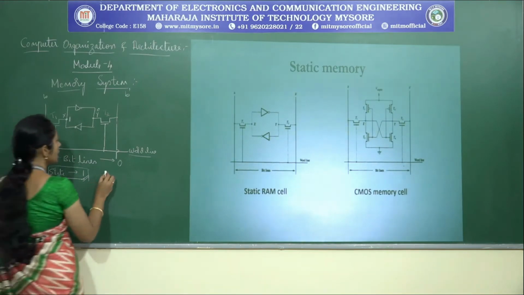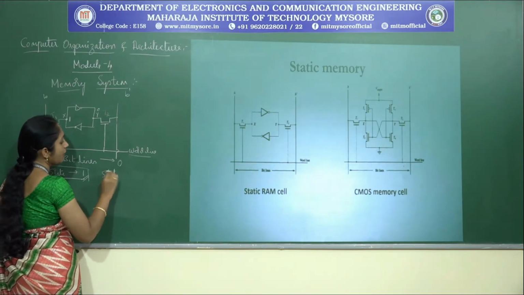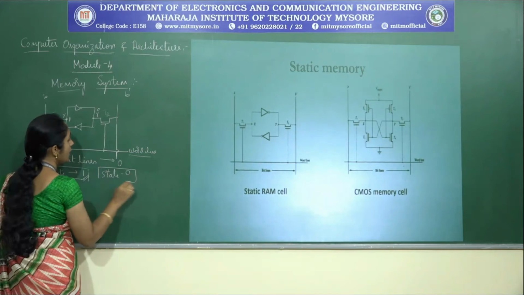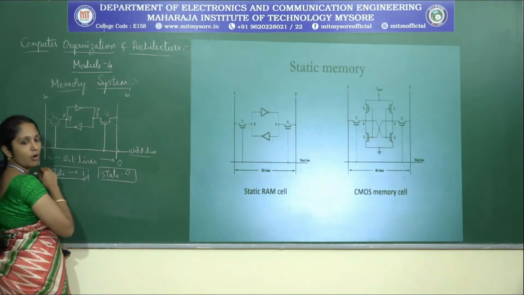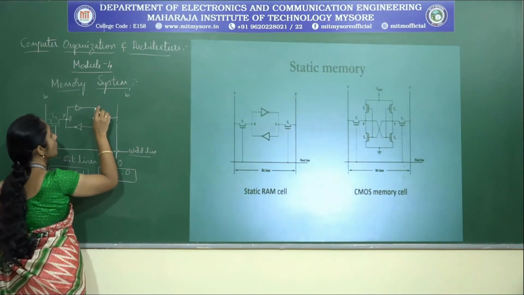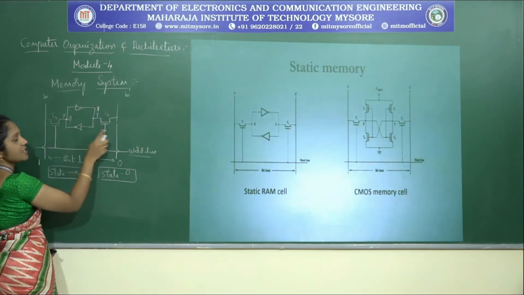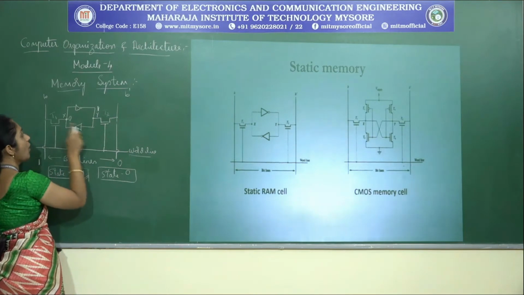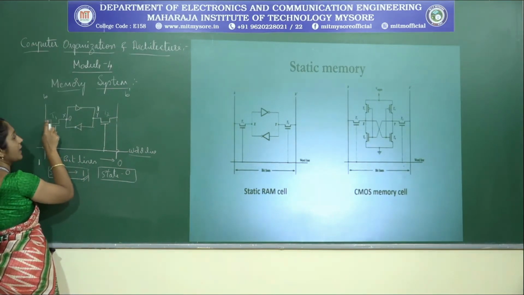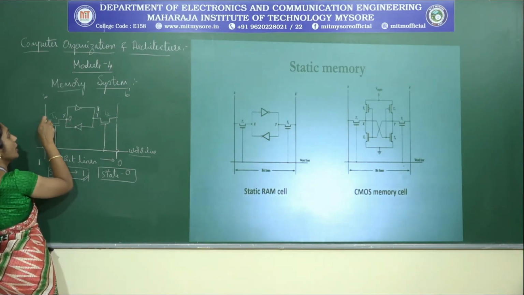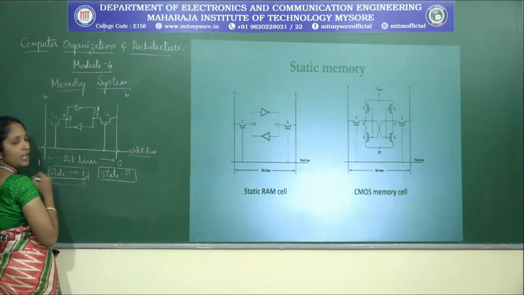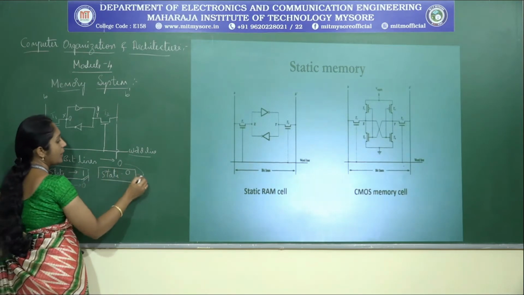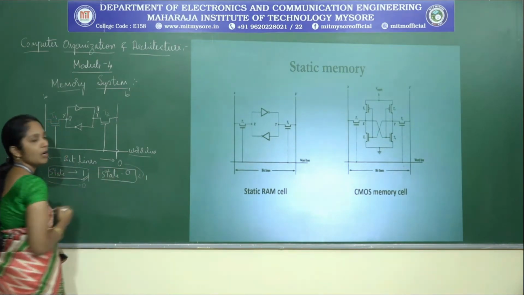Similarly, if you consider the state is 0, remember, this node will be at 0 and this node will be at 1. Therefore, whenever this transistor is turned on, this will be acting as a short and this will be copied here. So in that case, if the state is 0, B will be 0 and B dash will be 1.